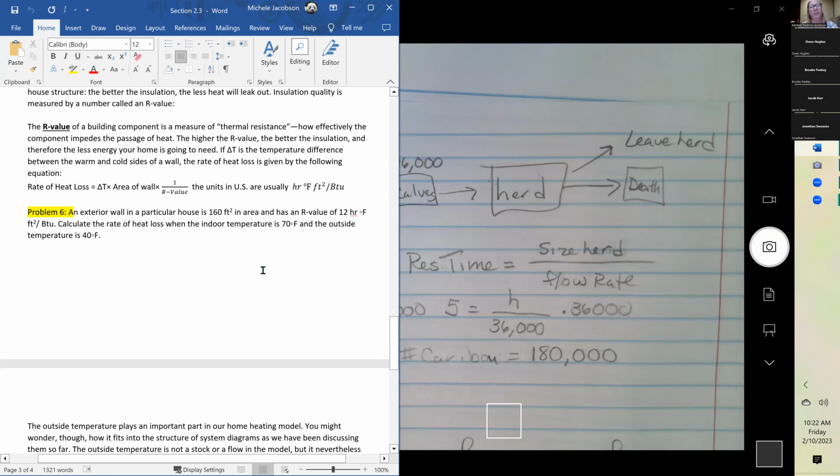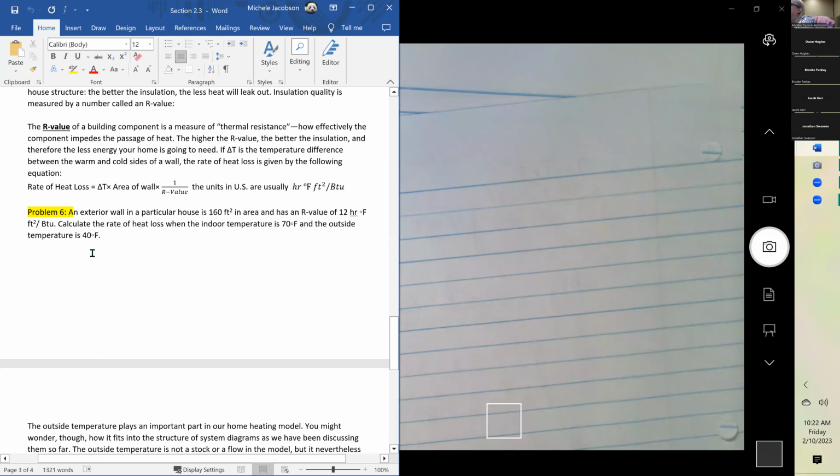The measurements are just so you can cancel and see what measurements are left, but it's hours, degree Fahrenheit, feet squared divided by BTUs. Calculate the rate of heat loss when the indoor temperature is 70 and the outdoor temperature is 40.